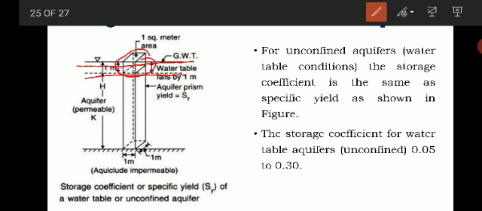So for an unconfined aquifer, or water table aquifer, the storage coefficient is the same as the specific yield of the aquifer, and it ranges from 0.05 to 0.30.